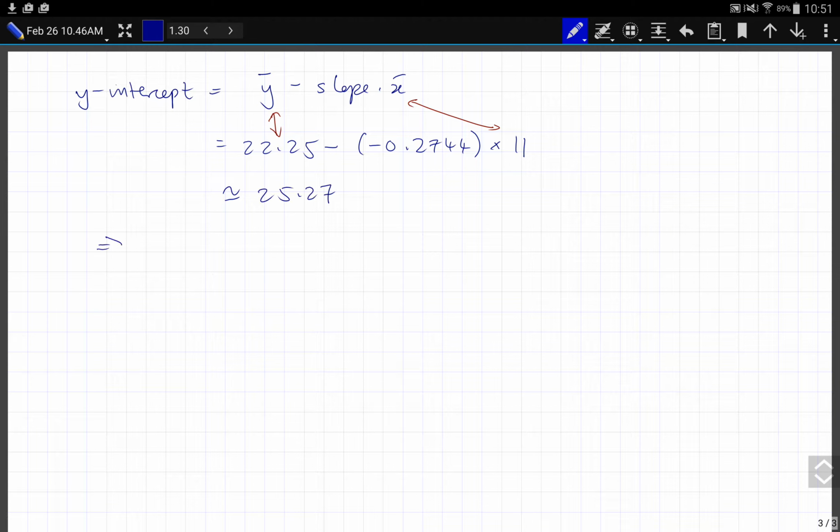And therefore, the anger level gives an output for vigor, that's y hat, of about... this is anger, and that's the predicted vigor.